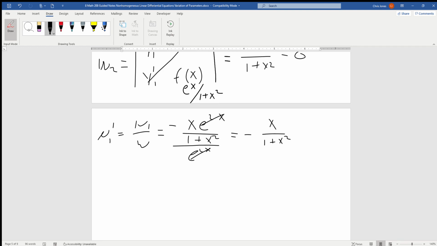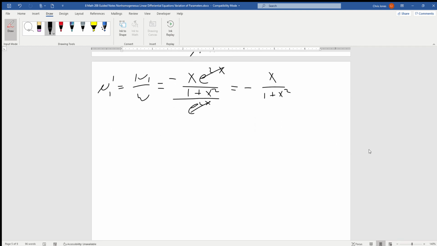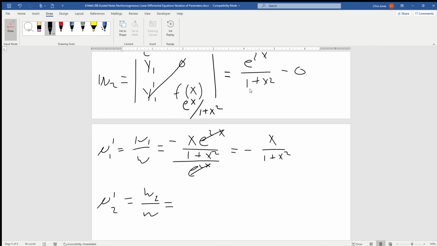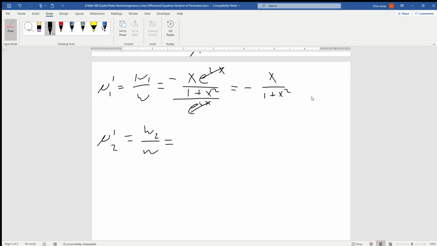Certainly tolerable when we go to integrate it. Right? u2' is going to be w2 over w. w2, I believe we got e^(2x)/(1 + x^2). Yep, right here. So that's e^(2x)/(1 + x^2) divided by w, which was e^(2x). And even more tolerable, u2' is 1/(1 + x^2).